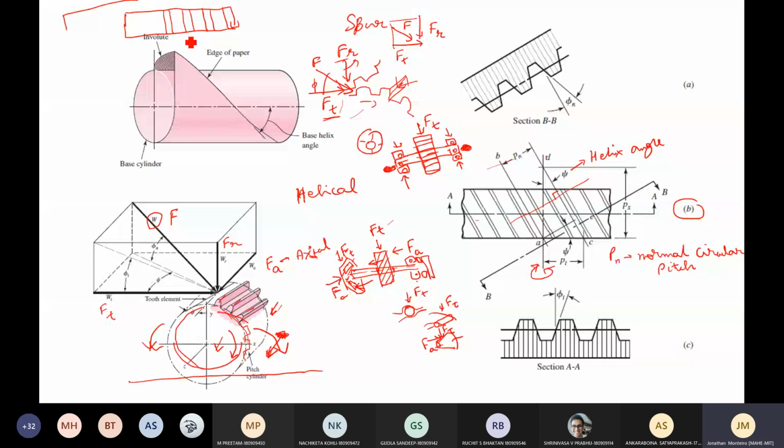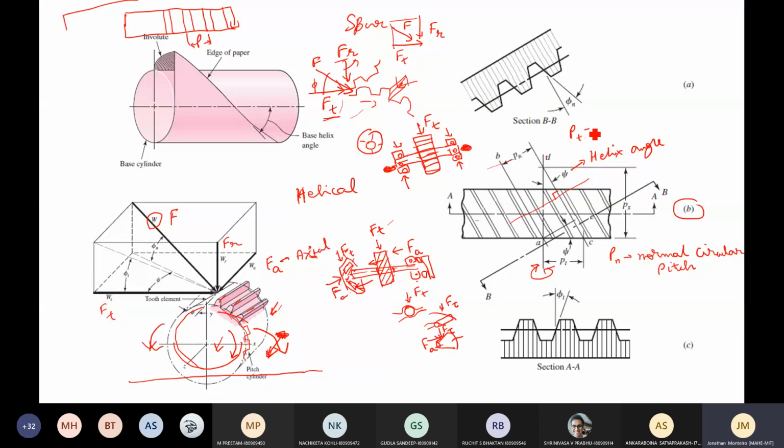Now you have to define two items here. One is the normal circular pitch, and this Pt is called the transverse circular pitch. What is the difference?